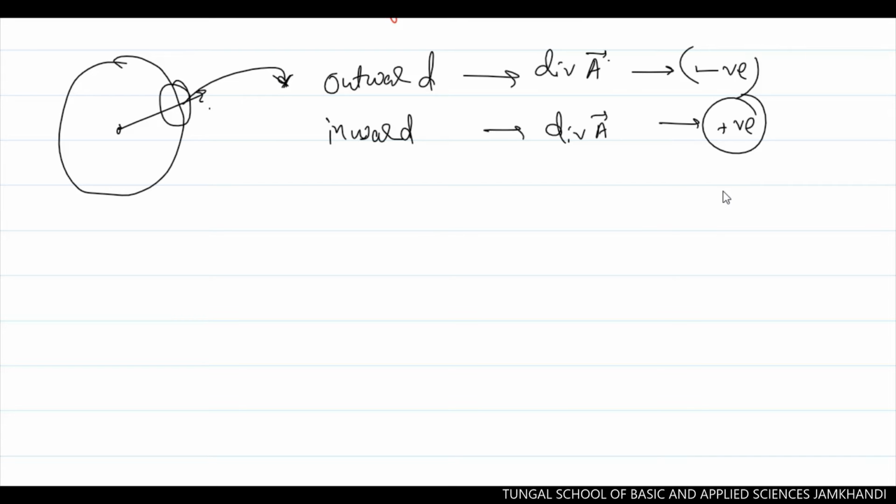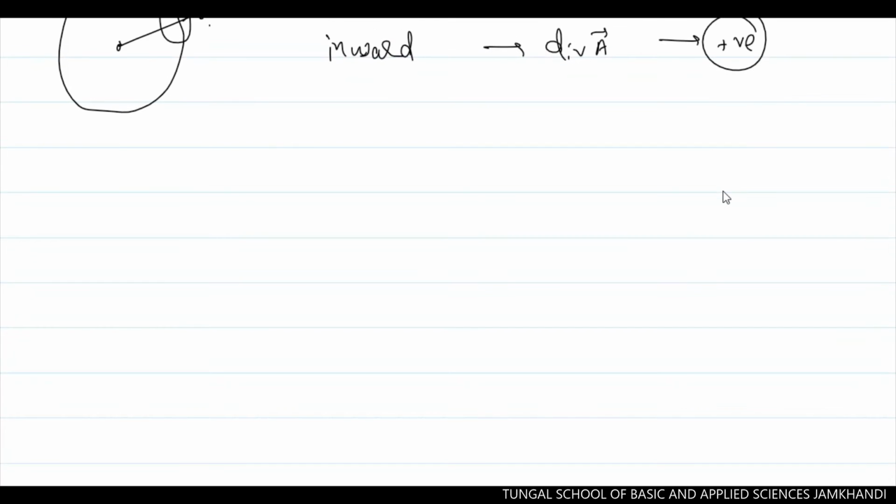So here another main important concept is, if I consider the volume V of that particular surface, so I will define a particular surface here, right? So this is a surface having volume V, and I will define a point P here. On this surface, I will define a particular point P, right?